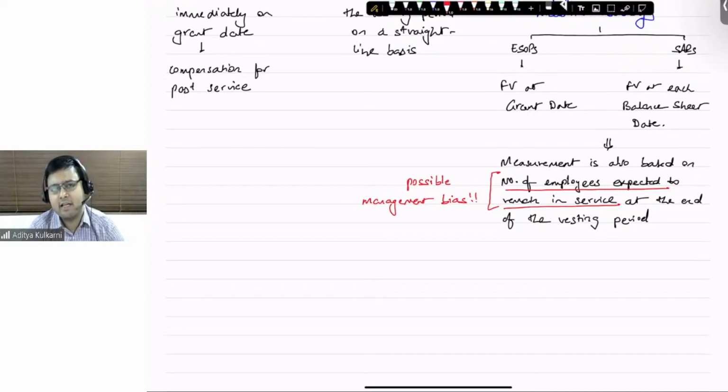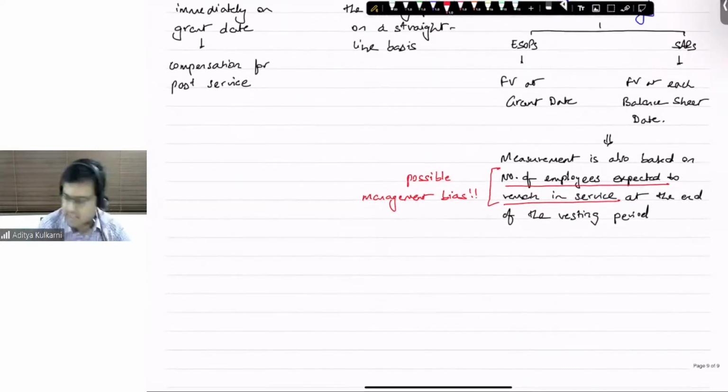So what I will do is, so many employees will not remain. And if so many employees do not remain, my employee benefit expense automatically will come down. So therefore, there is a chance that management bias can be seen in these estimates. Okay, so that is how the accounting happens. If you have written this down, we then move on to the next part.